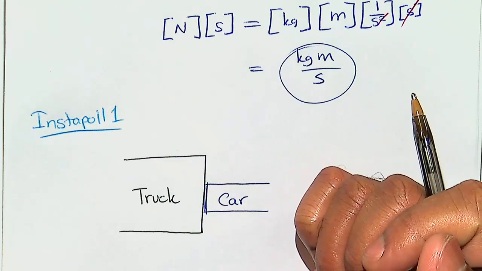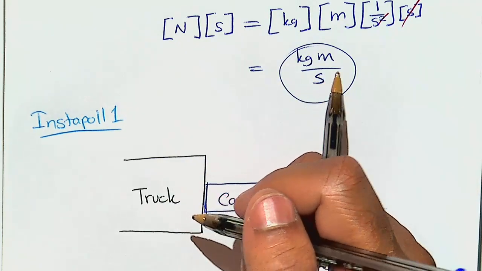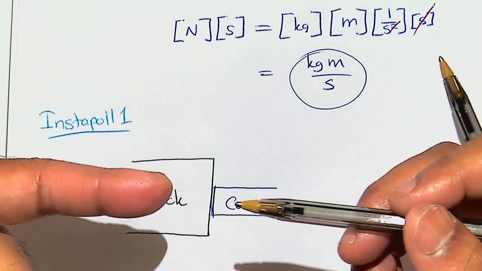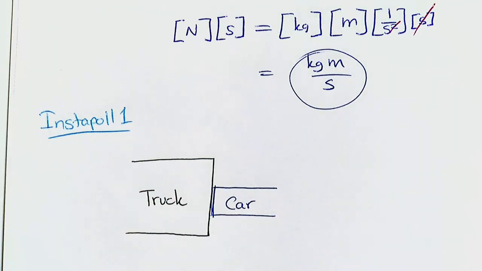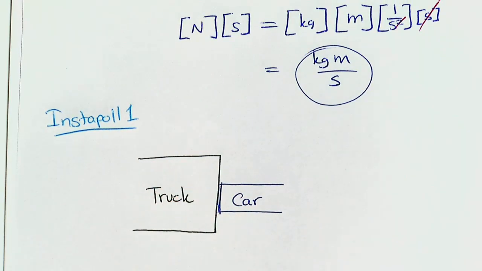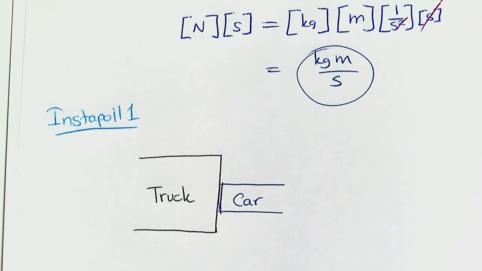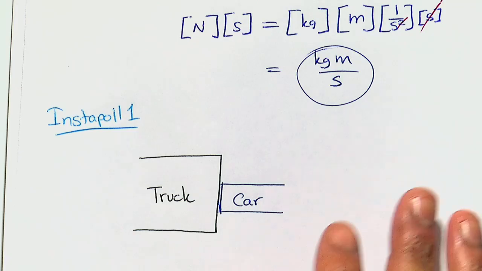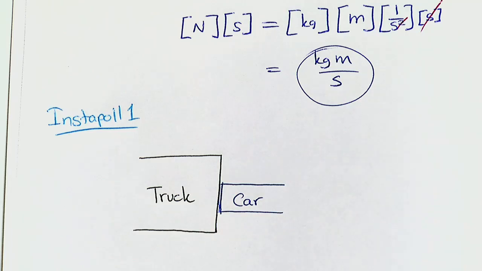They make a head-on collision, their velocity vectors point in opposite directions, but the magnitude is the same. The truck is more massive, so the truck has more momentum. We agree that the truck has more momentum to begin with than the car. They collide, they stick together. What's the change in momentum is the question. So how do you change momentum?